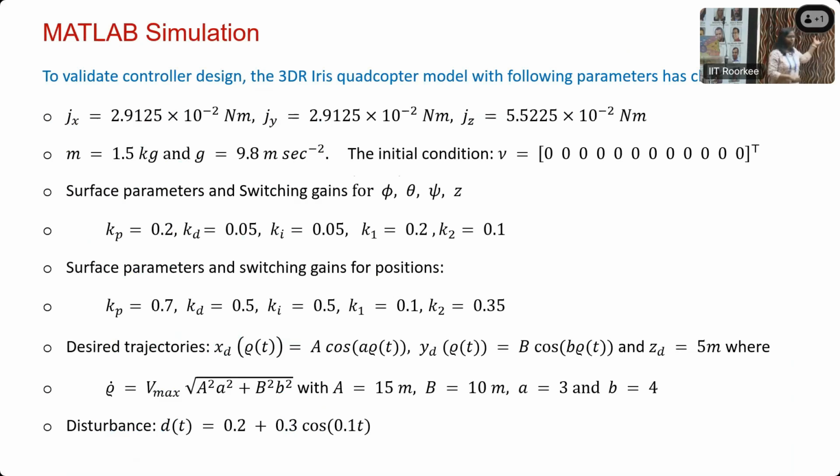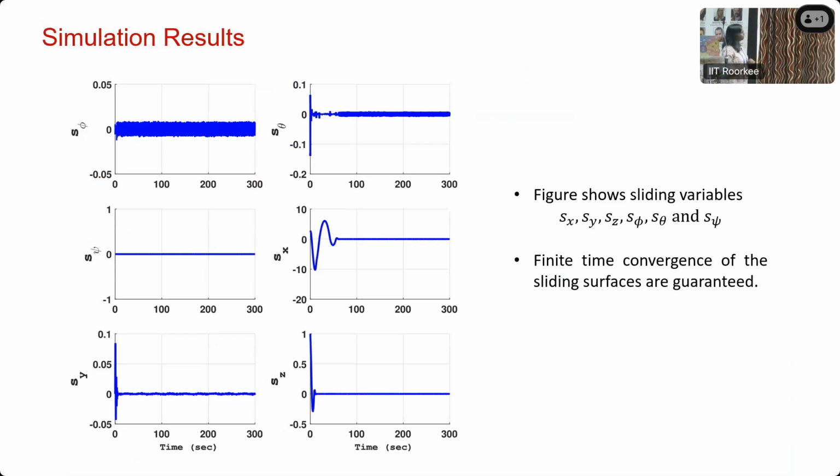Because as you might have noticed, in the super twisting algorithm, we have the constraint that the disturbance should be differentiable and the upper bound should be known. So in simulation, we have chosen this kind of disturbance. So if we look at the plots, these are the plots of all the sliding variables. And you can see that the sliding variables show finite time convergence.